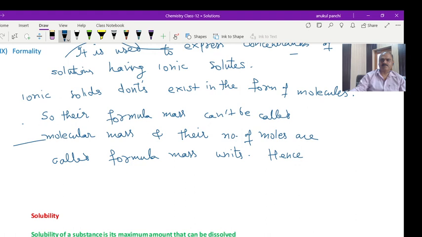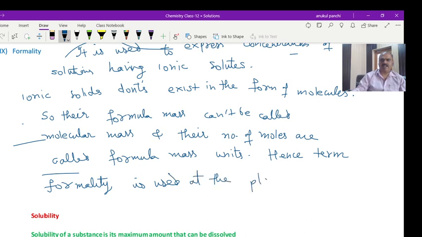Hence, the term formality is used in place of molarity.